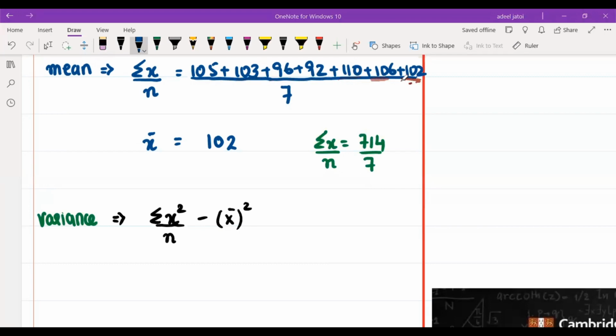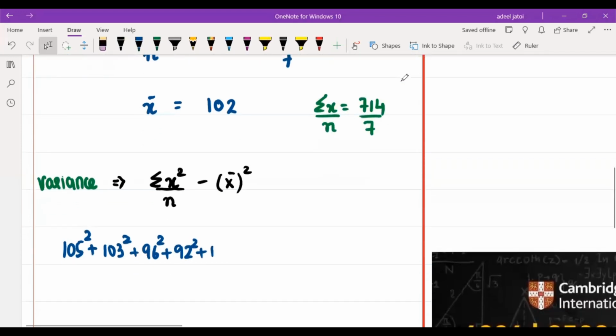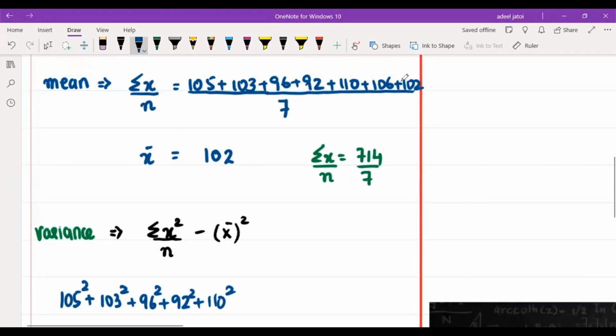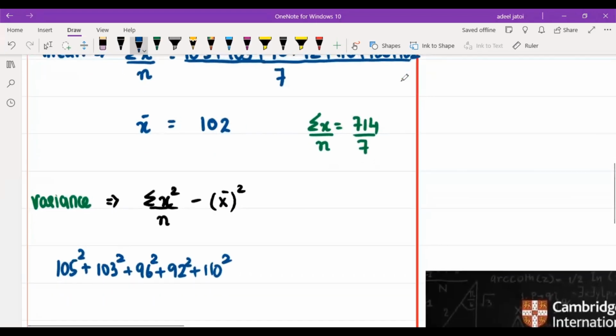That means 105 square plus 103 square plus 96 square plus 92 square plus 110 square plus 106 square plus 102 square.